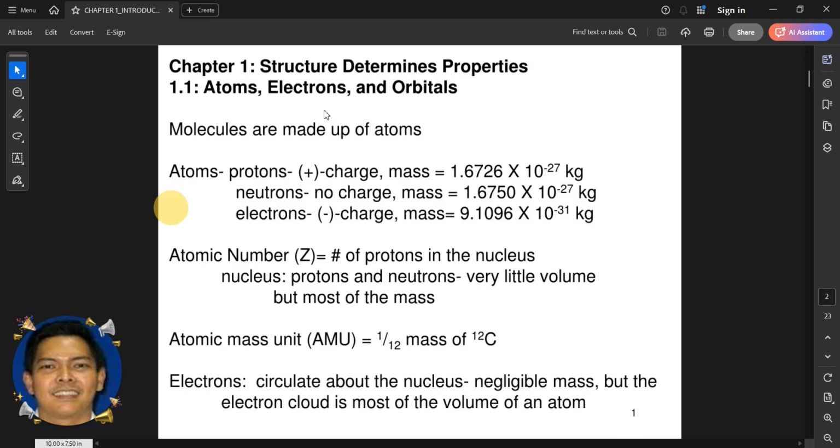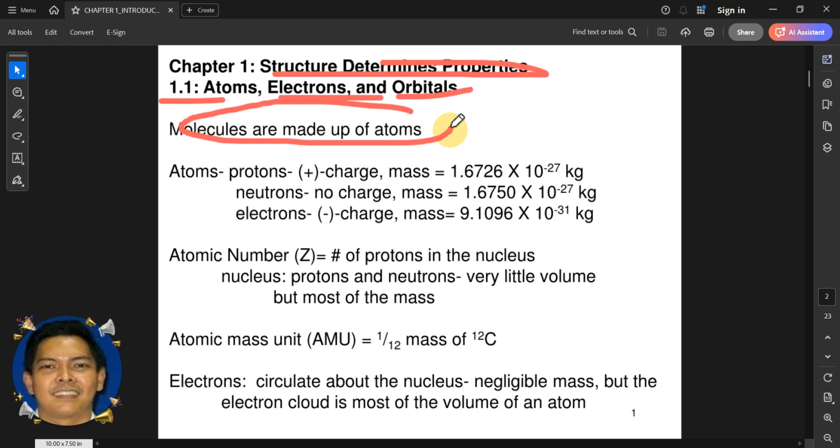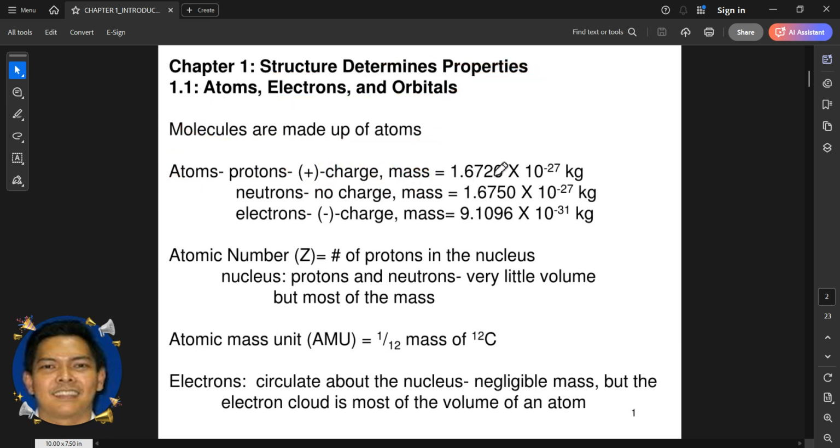Okay, for chapter 1, the structure determines the properties of atoms, electrons, and orbitals. Molecules are made up of atoms. In an atom we have a proton, with positive charge and a mass of 1.6726 multiplied by 10 to the power of negative 27 kilograms, whereas the neutron has no charge.